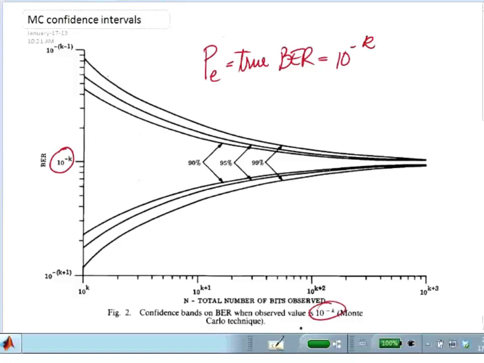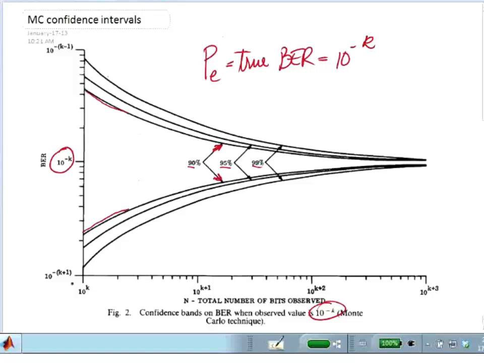And k doesn't have to be an integer, but whatever the bit error rate is, these curves, and I won't go into the derivation of the curves, it's in the paper if you're interested, but what we see labeled here are different confidence intervals. So if I look, for instance, at the curves for 90% confidence intervals, this gives you both the maximum and the minimum that your estimates are going to most likely fall between, or fall between with 90% likelihood.